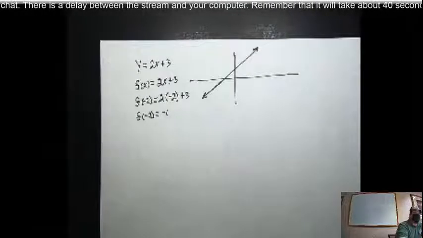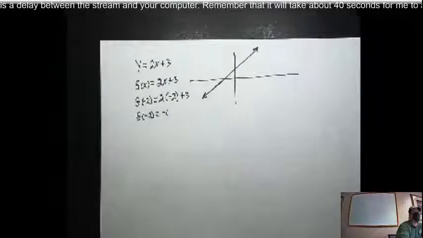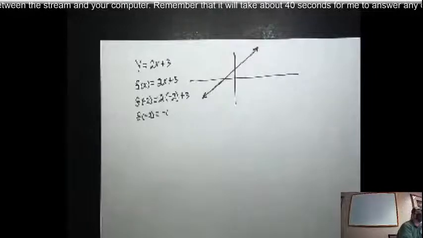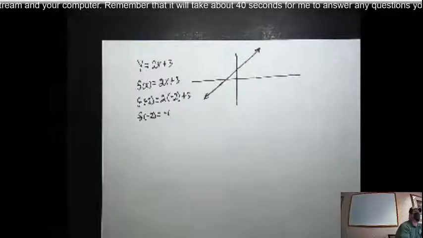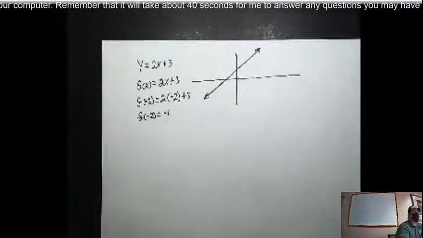Now let's think about something real quick. Is there a time that I could change that up and plug something in for y and get out more than one x?